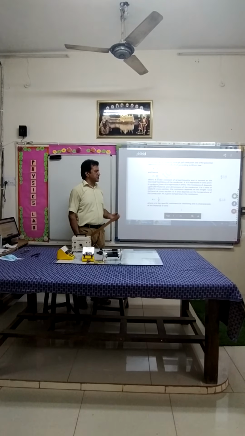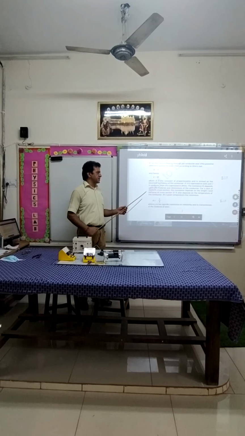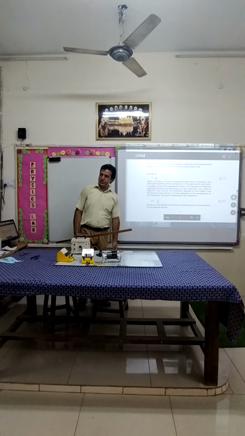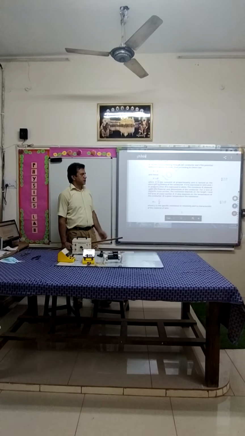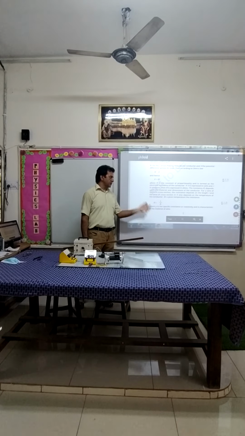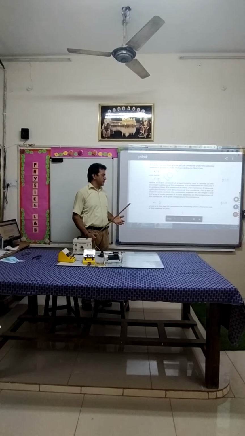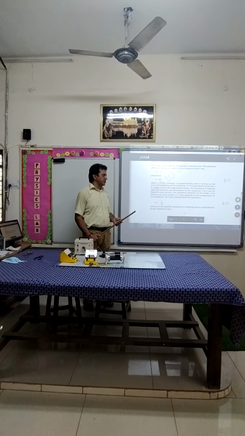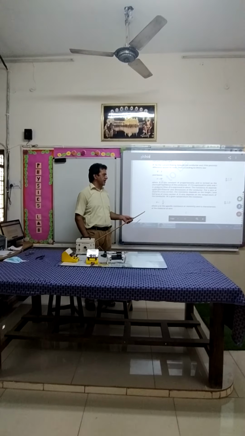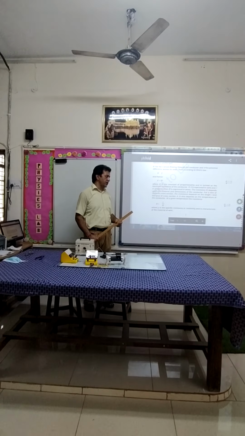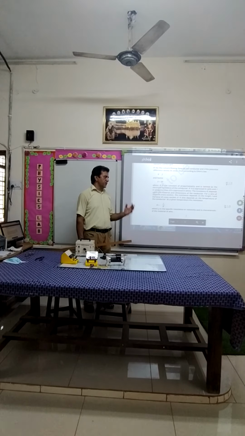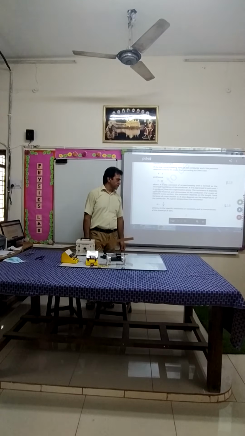If V is expressed in volt and I in ampere, then R is expressed in ohm. The resistance R depends upon the material and dimensions of the conductor. For a wire of uniform cross section, the resistance depends upon the length L and area of cross section A. It also depends upon the temperature of the conductor.